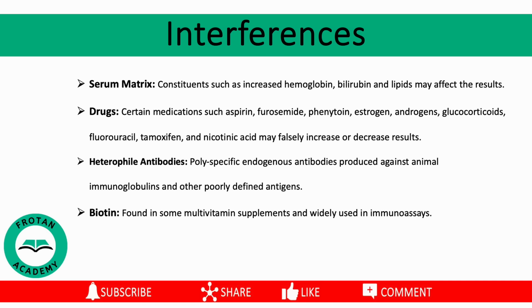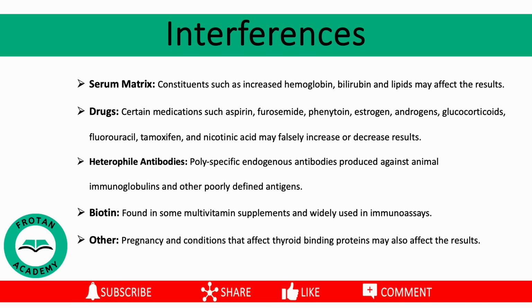Biotin is widely used in immunoassays, and samples from patients on high-dose biotin may therefore interfere with the assay and lead to erroneous results. Pregnancy and conditions such as congenital thyroid binding globulin excess or deficiency and familial dysalbuminemia and transthyretin-associated hyperthyroxinemias can affect the levels of thyroid hormone binding proteins and lead to misleading results.